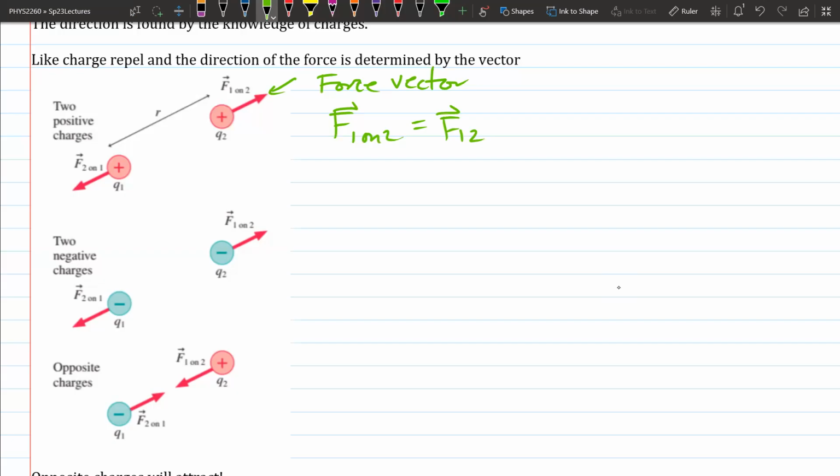So if I was to push Anthony, I'm using Anthony as an example all the time, it'll be force of me on Anthony. My first name is Wayne, so W on A.